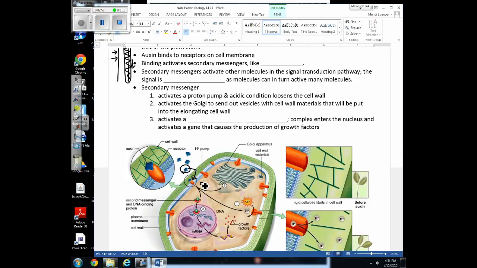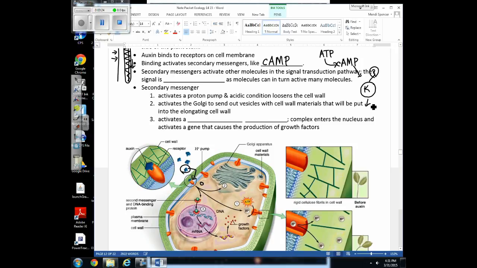And remember we talked about a secondary messenger like cyclic AMP. And we said that cyclic AMP is actually made from ATP whenever two phosphates are removed. And cyclic AMP can activate other proteins. Remember, these signaling proteins are commonly called kinases, and it activates them by phosphorylating them.